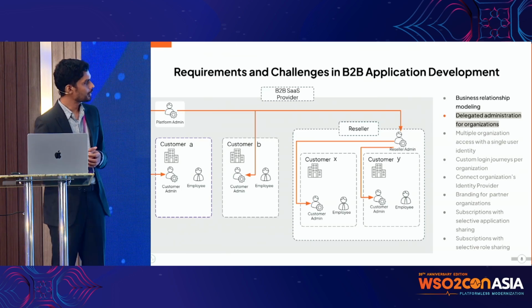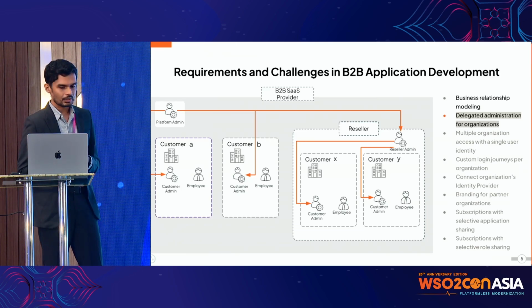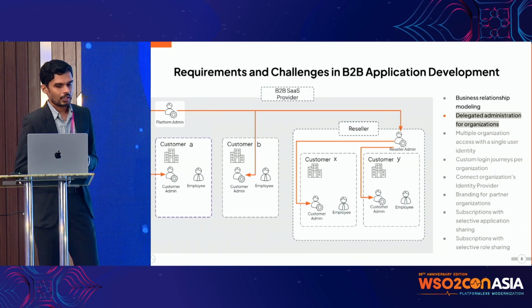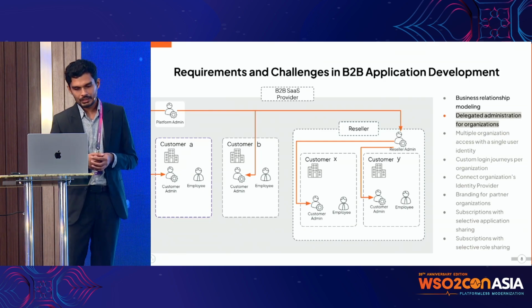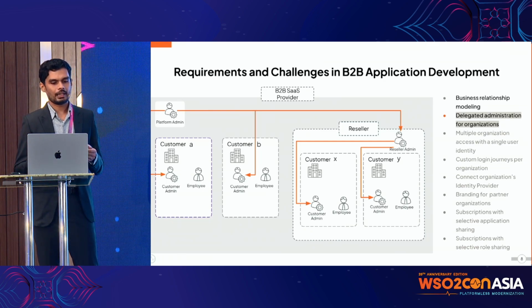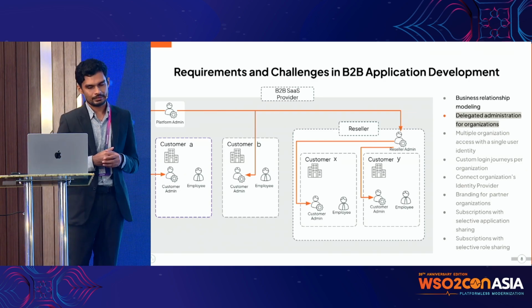There are different types of administrators in the system. For example, first we have the platform administrator who can manage the platform, and that platform administrator should be able to onboard their direct customers like the customer organizations A and B. And within these customer organizations, they have the customer administrator who should get the permissions to manage the resources within that organization.